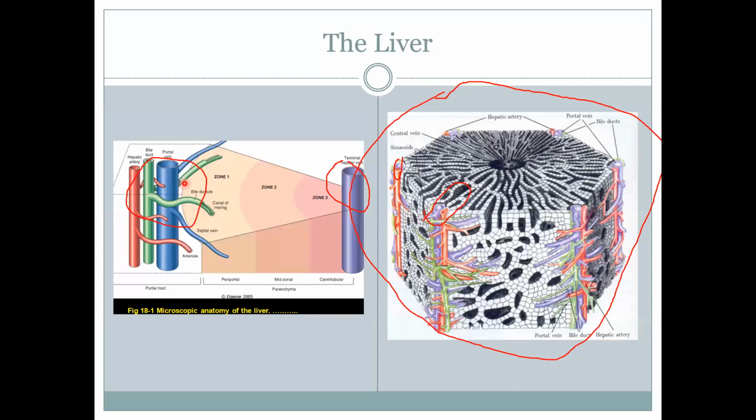The first layer of liver cells that separates zone 1 of the hepatic lobule from the portal tract is known as the limiting plate. When pathologists see inflammatory cells spilling over from the portal tract into zone 1 of the hepatic lobule across the limiting plate, they call that piecemeal necrosis or interface hepatitis, which is telling you that you do have chronic hepatitis.